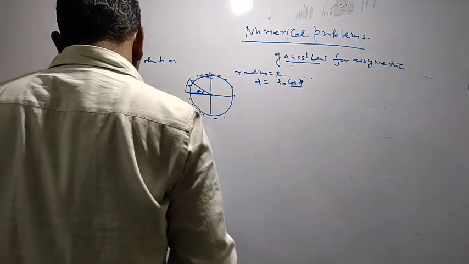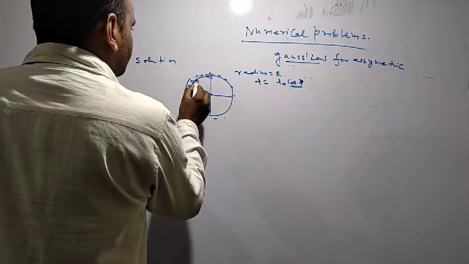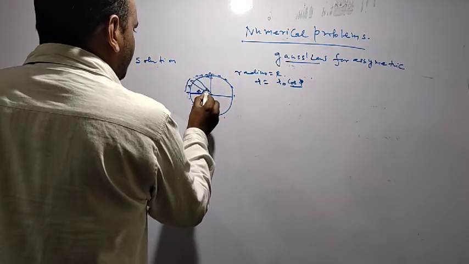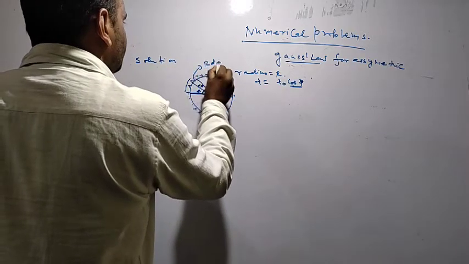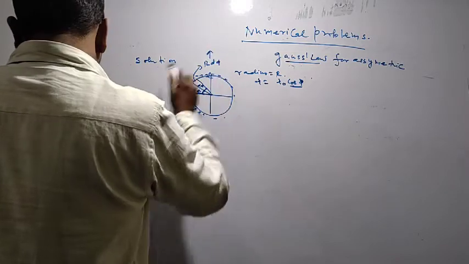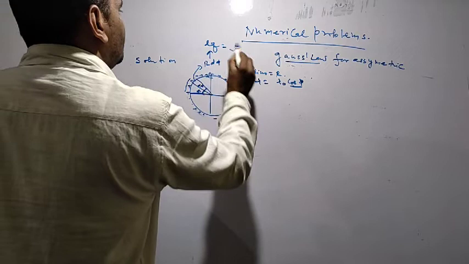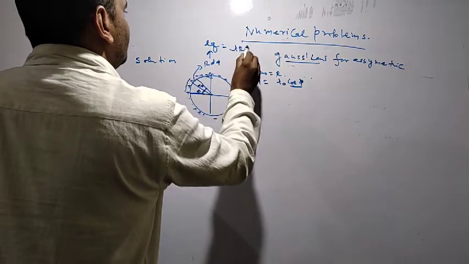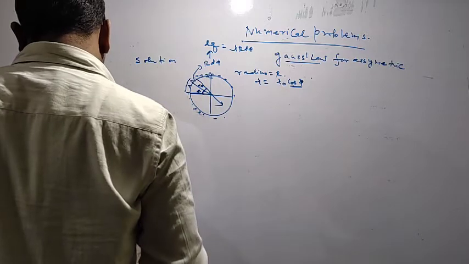Now for this d phi segment, the length is R d phi, and it contains charge dq, which is lambda, this function, times R d phi. The electric field is in this direction.